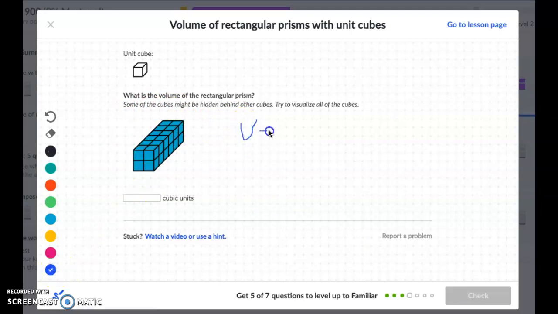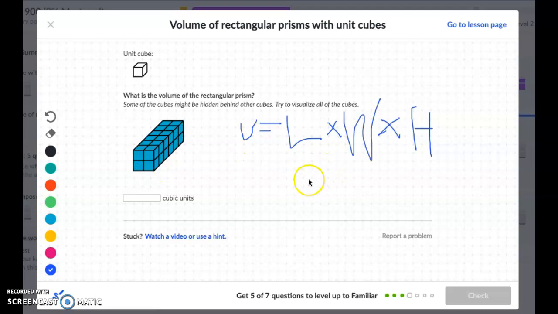Volume equals length times width times height. And then I'm going to look and say, okay, my length, well, it's 1, 2 across. So that's going to be a 2.